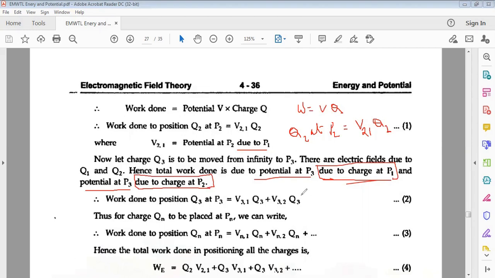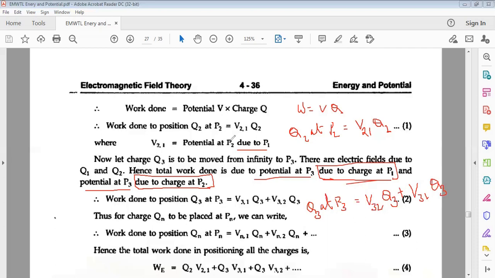So now the work done to position Q3 at P3 is, due to Q2, the potential V32 of Q3, plus due to Q1, the potential V31 of Q3.